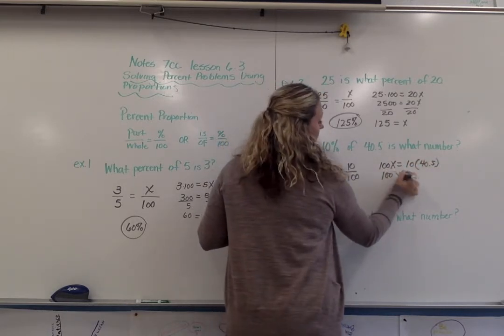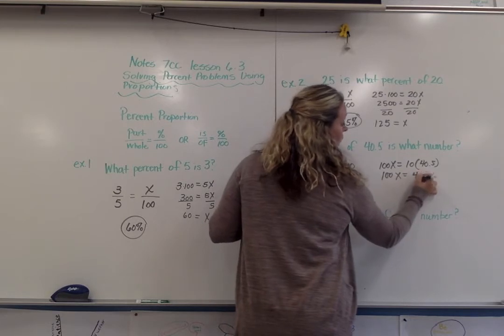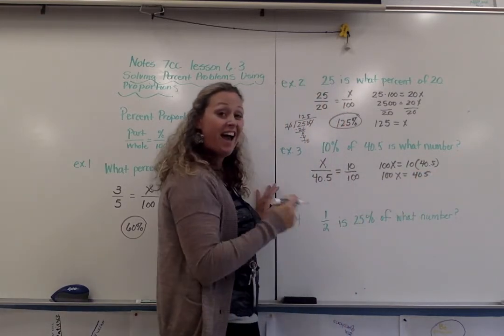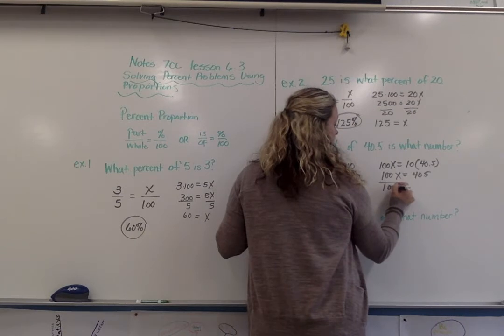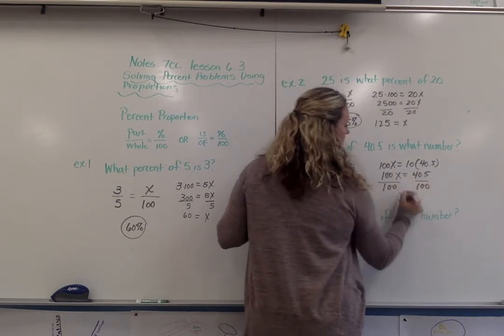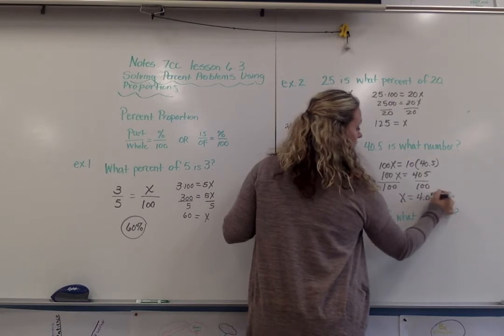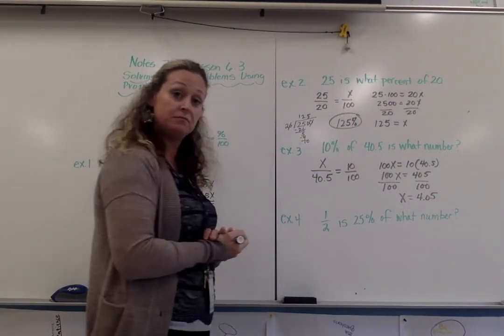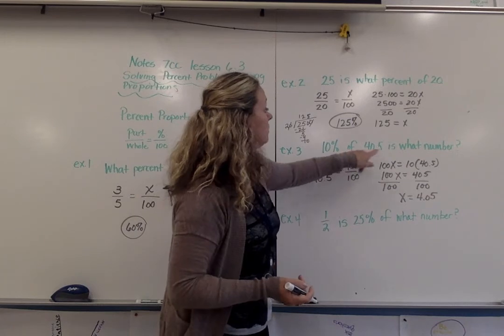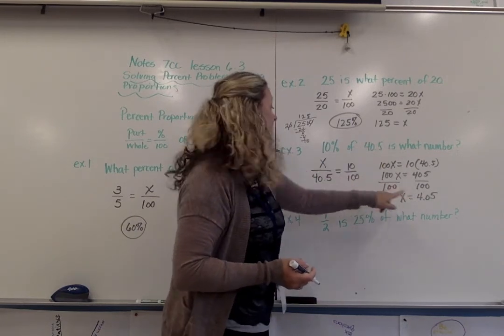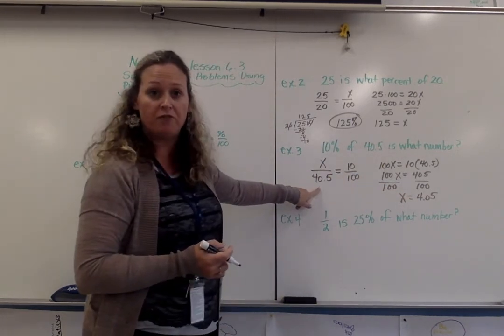That's 100x equals 405. I then divide by 100. X is equal to 4.05. Now, I'm looking for the number. 4.05 is 10% of 40.5.